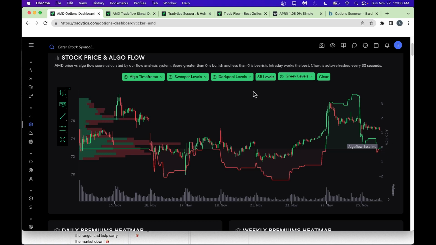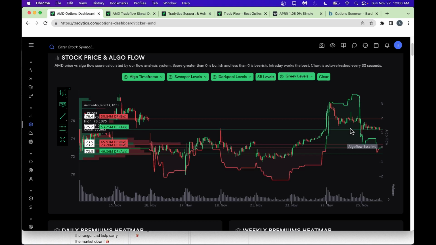Then for the folks who want to look at the dark pool levels, you could do it here. You can say give me, say, monthly dark pool levels. You can see where the dark pool levels are here. Typically, these dark pool levels can act as a good support level. Right now at 75.2, we got a huge dark pool of 53.25 here.